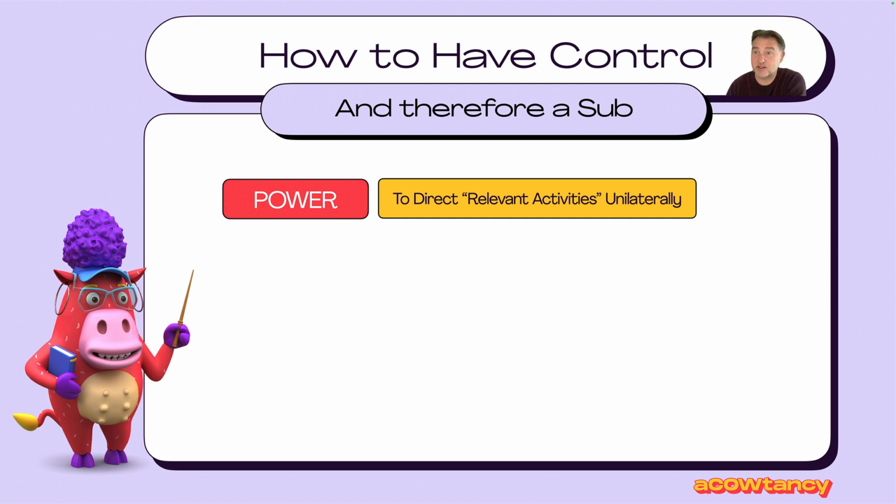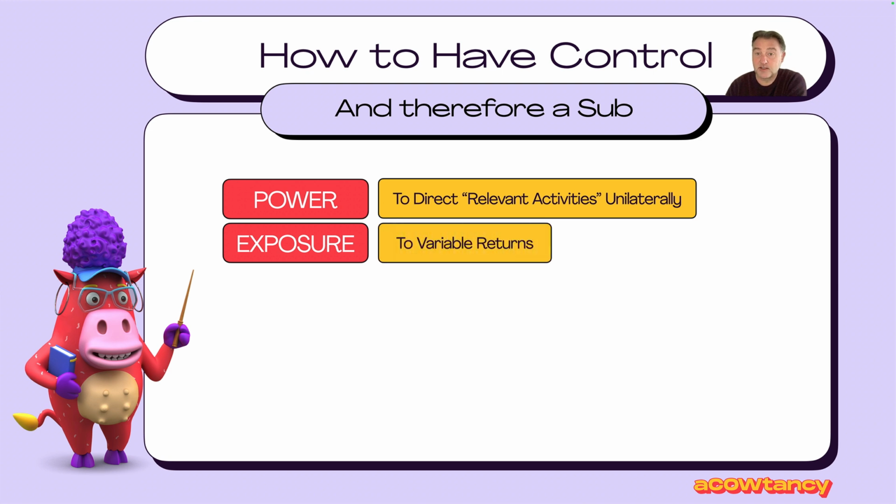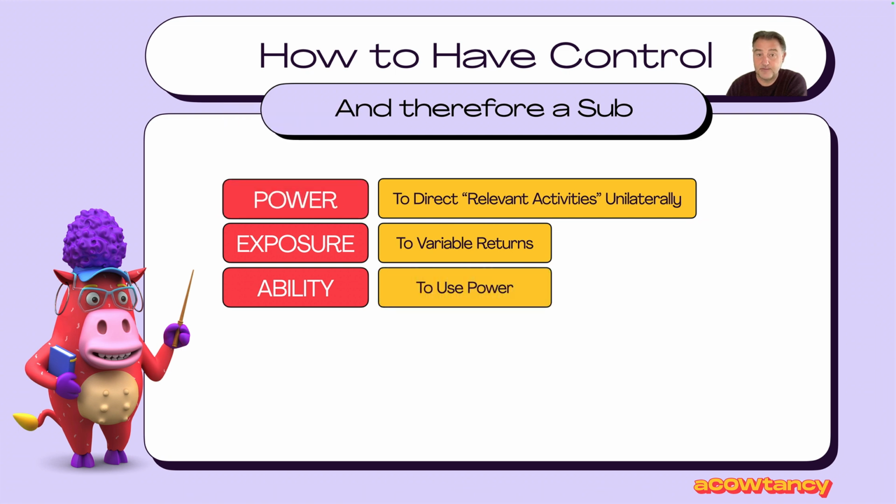And we need to have the power to direct them unilaterally, i.e. on our own, for it to be a sub. We need to therefore have exposure to the variable returns from these relevant activities, so the rights to these variable returns. And then we've got to have the ability to use our power to affect these variable returns. And if you can do that, then you've got a subsidiary.